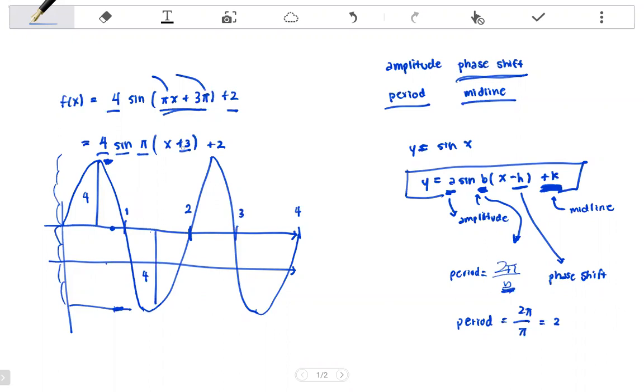But we haven't done our phase shift yet. Plus 3 means that this graph moves 3 units to the left. So 3 units to the left means that 1 unit would be here. 1 unit would be like that. 2 units would actually be back again like that.